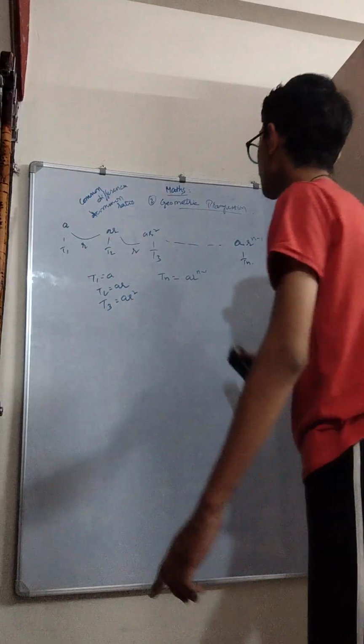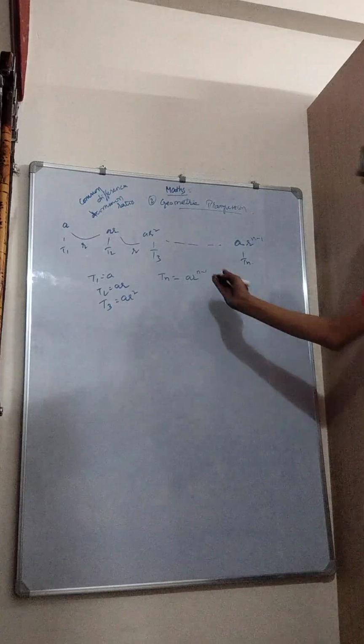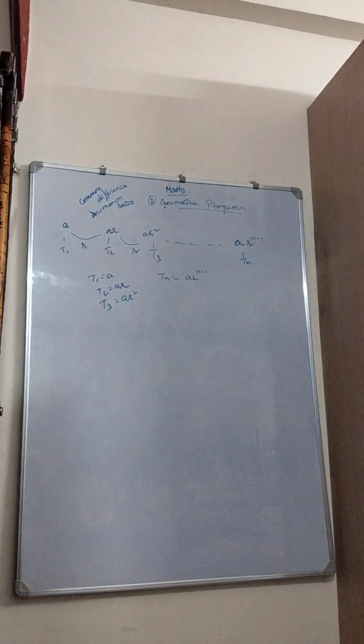Okay. So now in GP we are going to learn properties of GP. Before that, we are going to learn three types of GPs. Let me give you some time to copy this. Okay, pause the video.